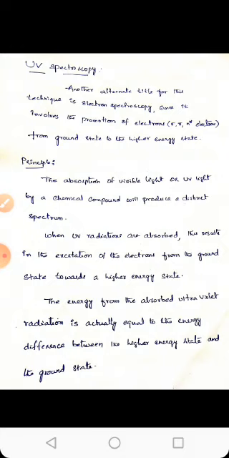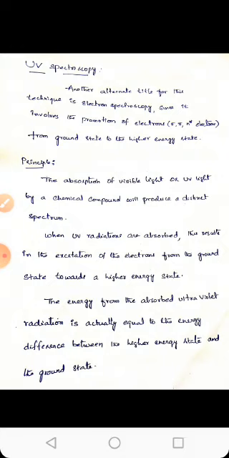This theory revolves around the concept that the energy from the absorbed ultraviolet radiation is equal to the energy difference between the higher energy state and the ground state.